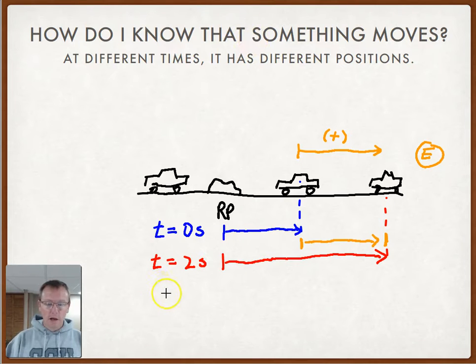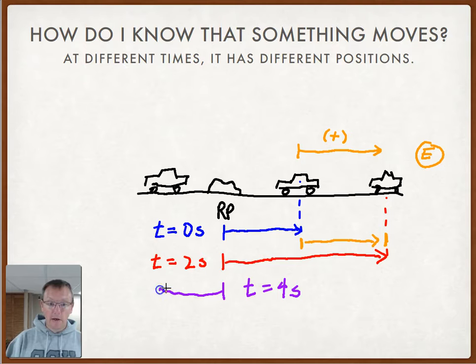Now all of a sudden at time 4 seconds, I notice that it is located here, over that way. So you'd see that it's moved from this position all the way down to this position. Or, if you will, it moved all the way from here all the way over there.